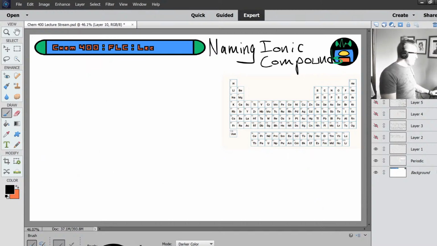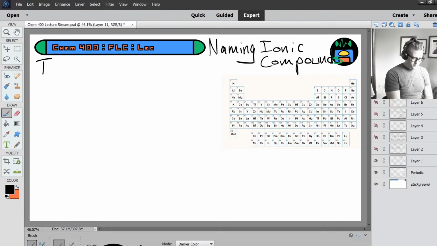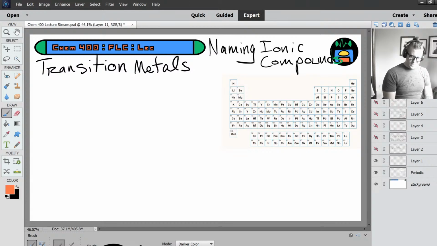Okay. Now let's talk about the transition metals. The D block, right, or the transition metals are all the ones in here.